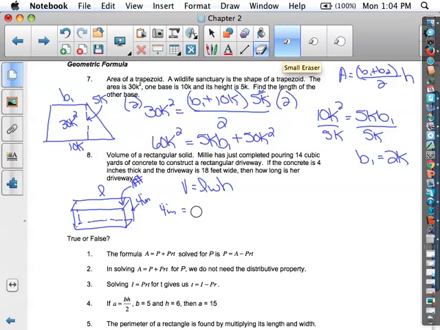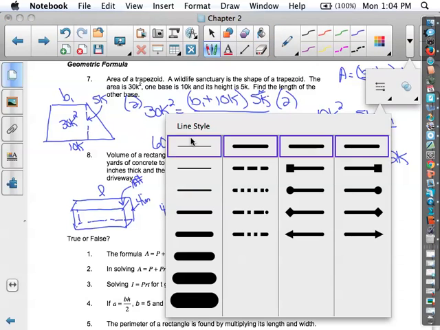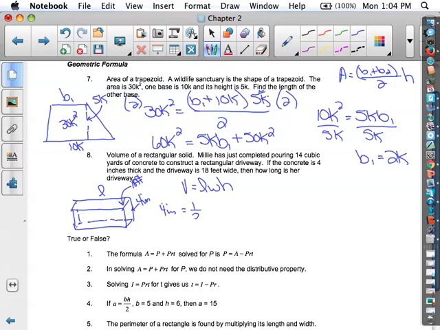You want to think about it that way. And then, so for the volume, you would have the length you're looking for. The width is 18 feet, and the height is 1/3 of a foot.